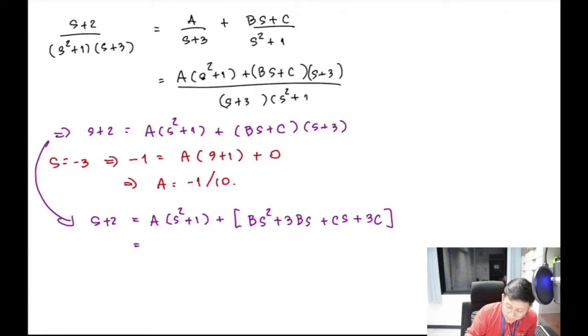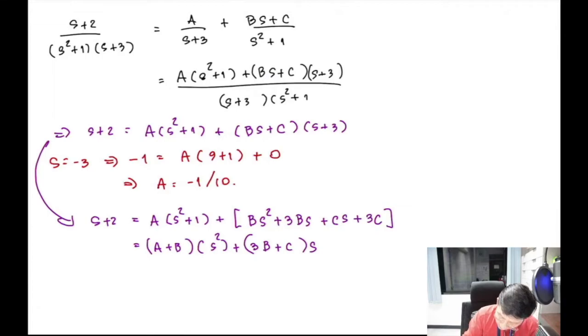So what we have here would be (A plus B) s squared, and then for the s term we would have (3B plus C) s, and the constant term would be A plus 3C.